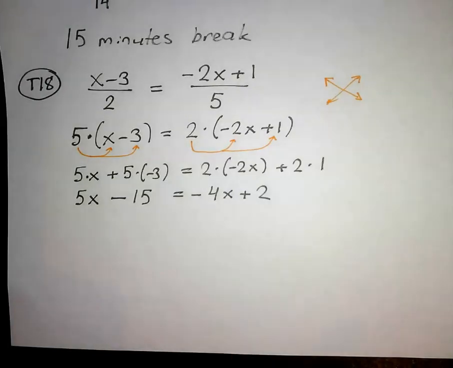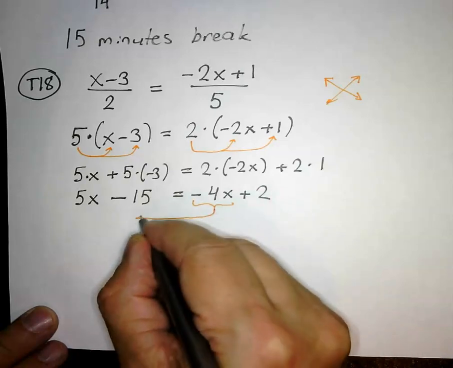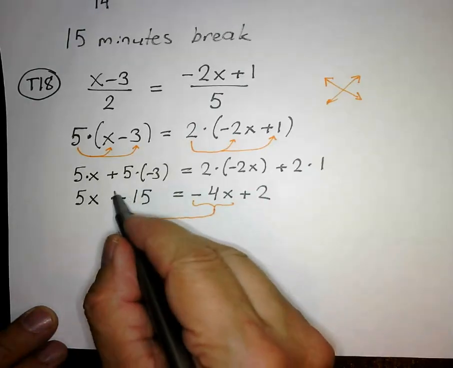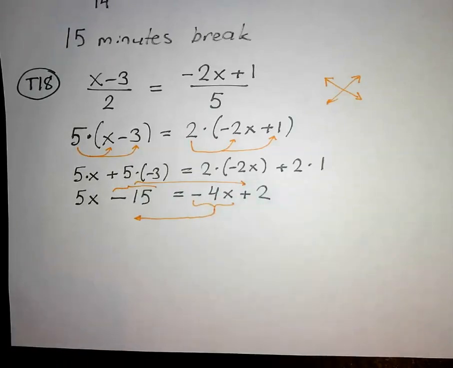We only move those x's to the left hand side of the equation and simple numbers to the right hand side of the equation. So this here will be moved to the left hand side, and this here will be moved to the right hand side. And remember to change the sign to the opposite. If you have minus, it changes to plus, and if you have plus, it changes to minus.